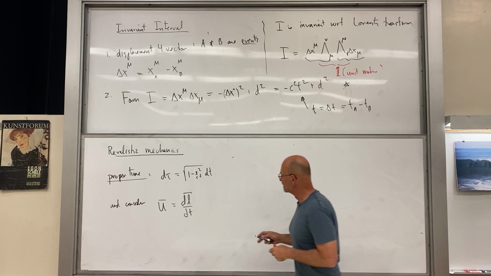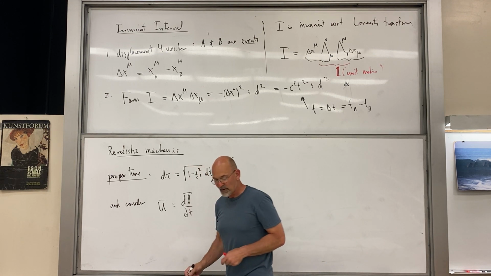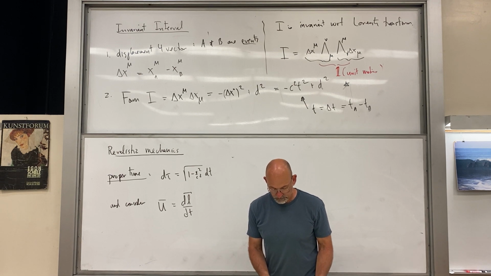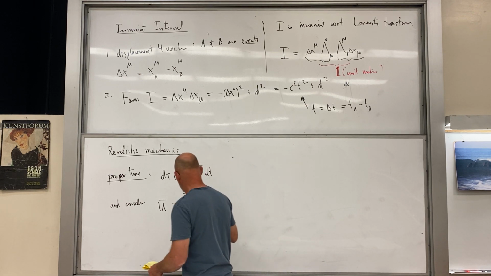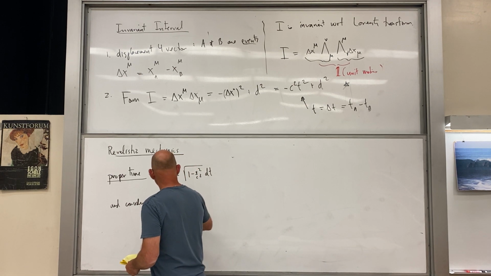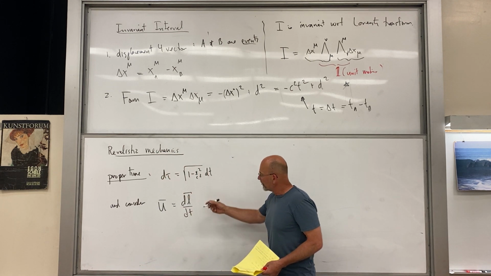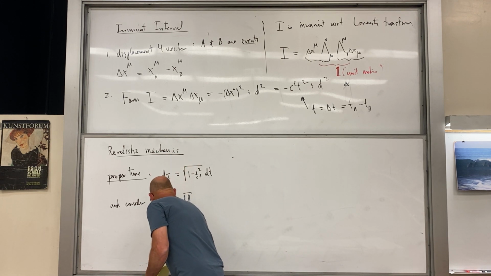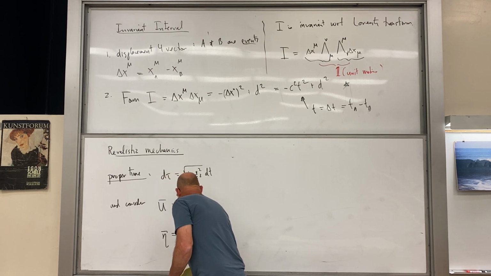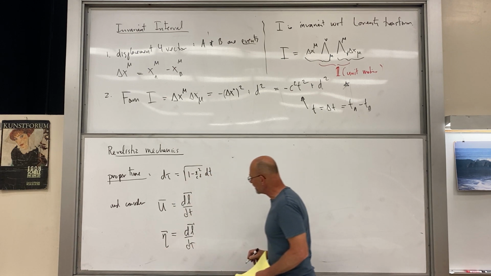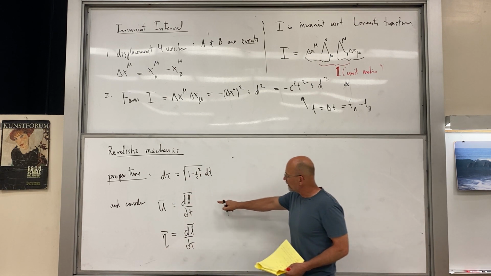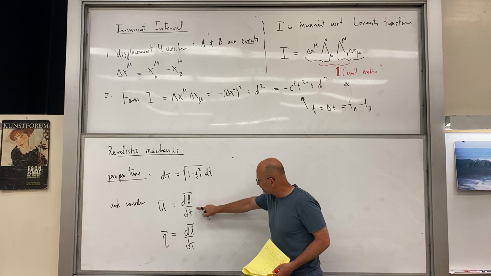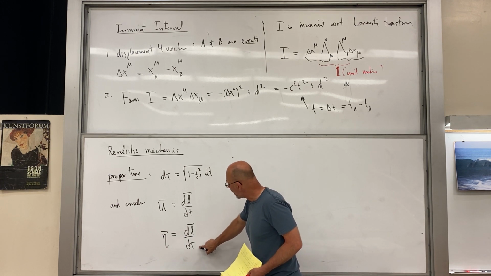So this is our standard velocity. What we're going to construct is a vector eta equals dl over d tau. So we're going to get a velocity in terms of the proper time, which is why we have to keep track of the difference between these two.